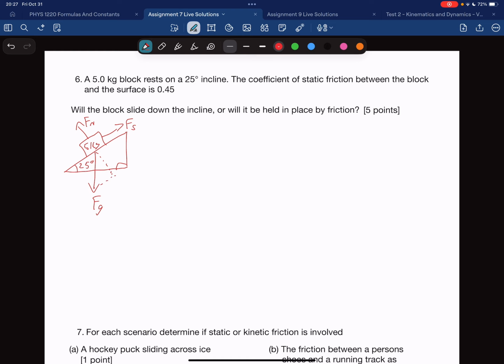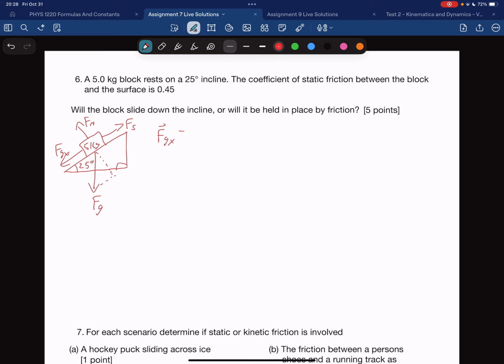Just showing that I can break that up in components because I think I have to do that later. Will the block slide down the incline or will it be held in place by friction? So basically we need to see is FGX larger than FS? That's what we need to find. We need to figure out which one's larger. So let's start by finding FGX.